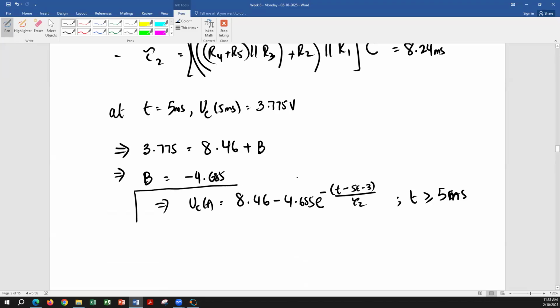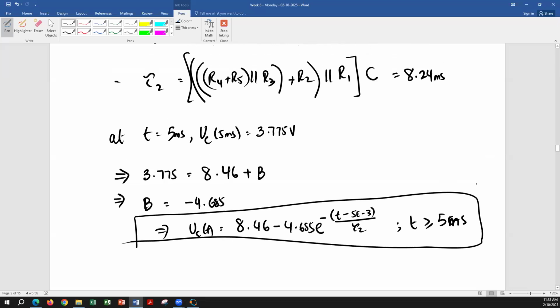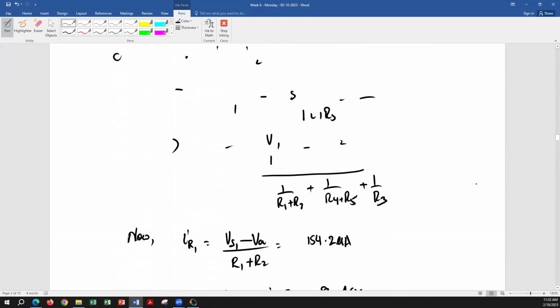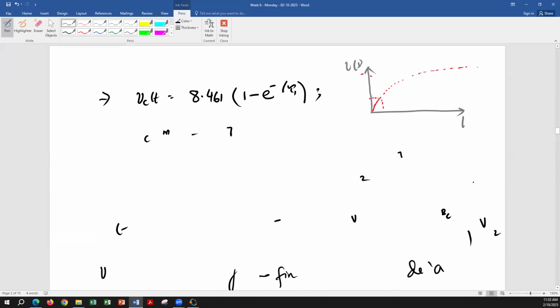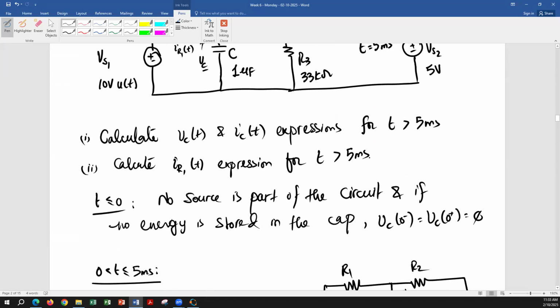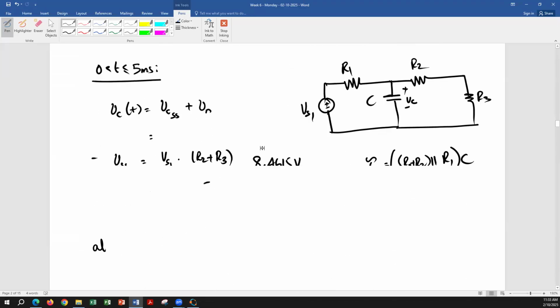And this is our part 1. Calculate VC(t) and IC(t) expression for t greater than 5 millisecond. All right, so we have VC(t).